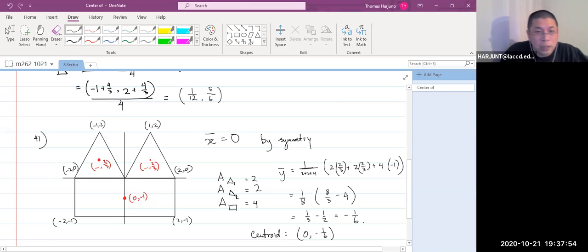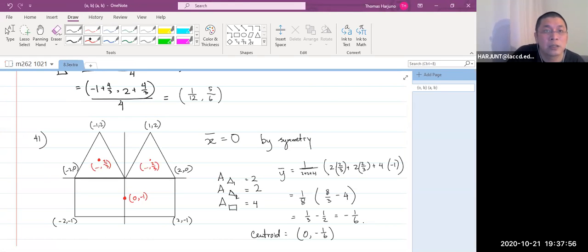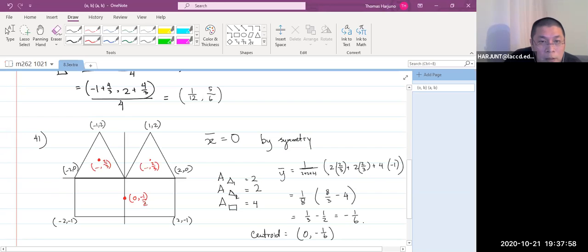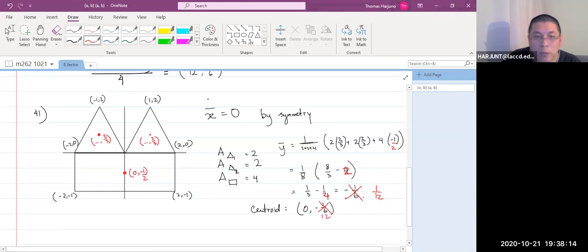Oh, I see. I made a mistake here. This is negative 1/2. My bad. That's negative 1/2. So this should be negative 1/2. So this is minus 2. So this is over 4. Now that's the 1 over 12. Yeah, I made a mistake here earlier.